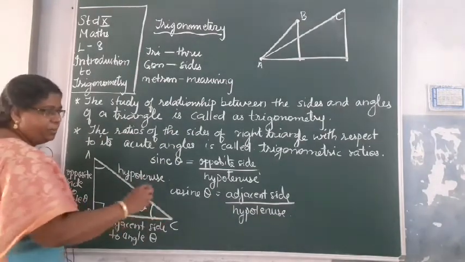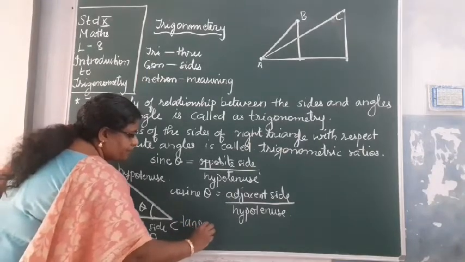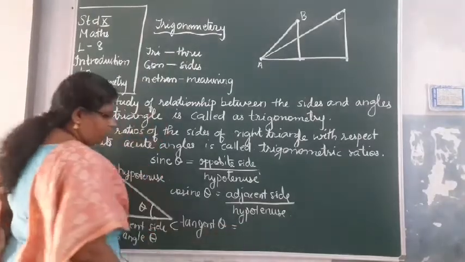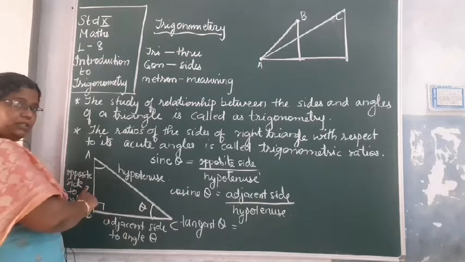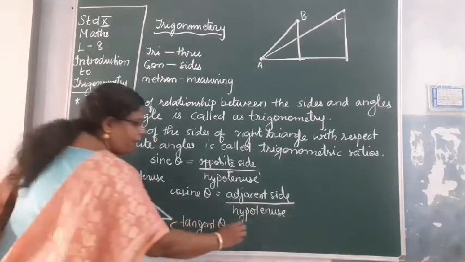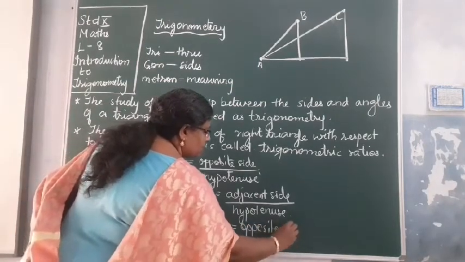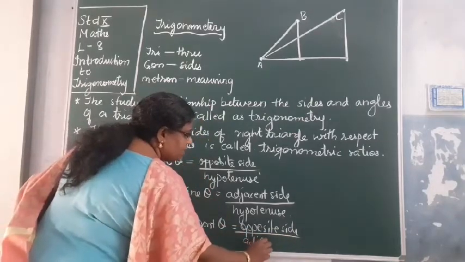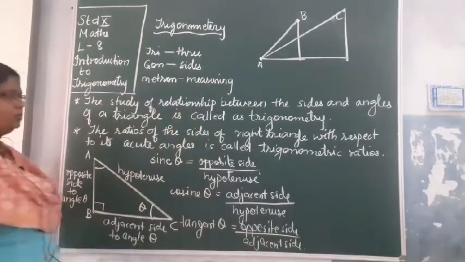The next trigonometric ratio is tangent of theta, which will be equal to opposite side with respect to theta upon adjacent side with respect to theta.